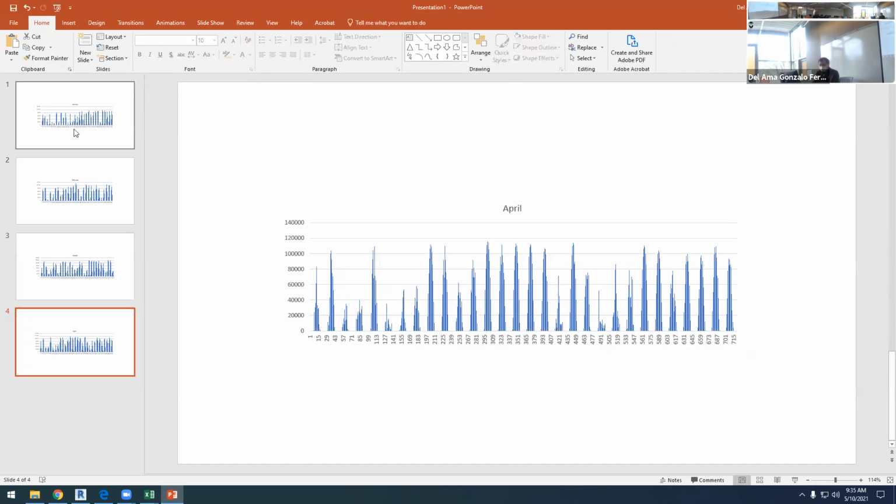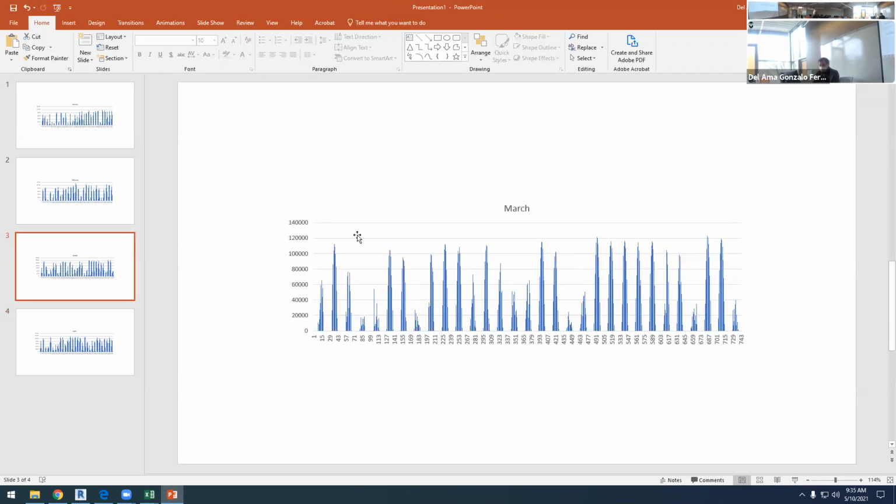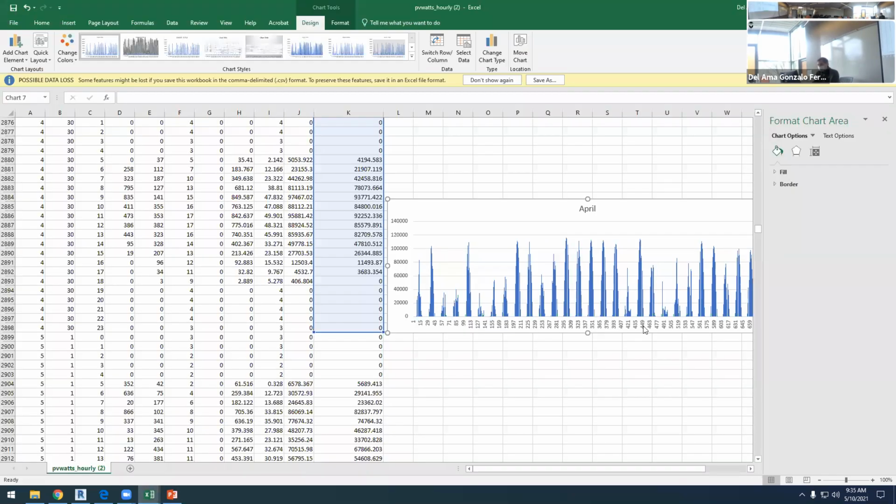Okay, so by looking at this, you can see how now the scale has changed because we are moving beyond 120. Okay, so at the end, we should adjust all the scales.